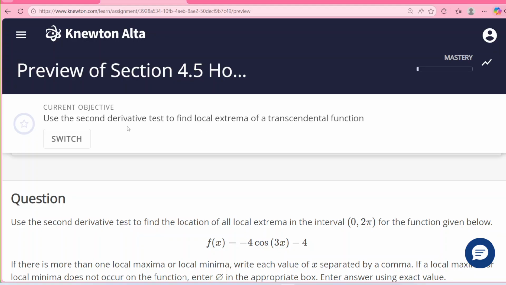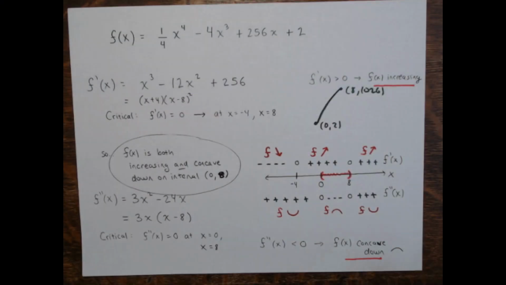So this is another test to do the same thing. It's the second derivative test to find local extrema. So let me discuss that real quickly first before we do this question.